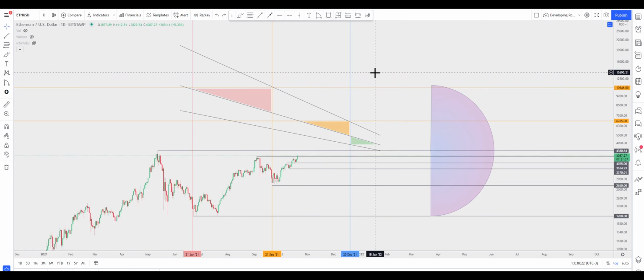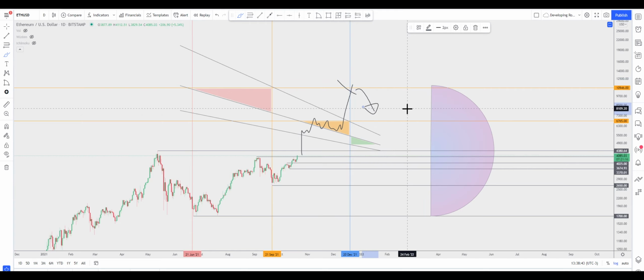So back to this chart right here. So I believe that's how this is going to unfold. And then kaput. We don't know how. So speculating here, of course, multiple scenarios, but we have technical evidence to do so.